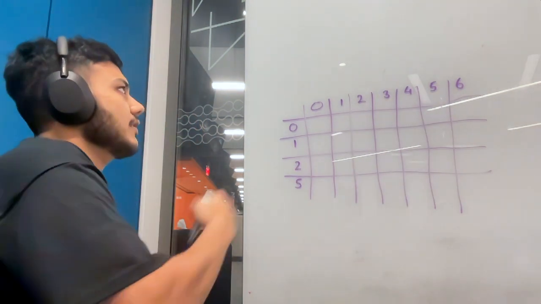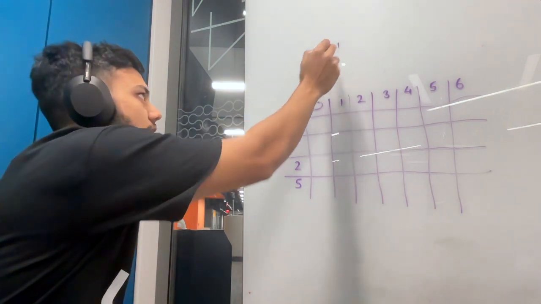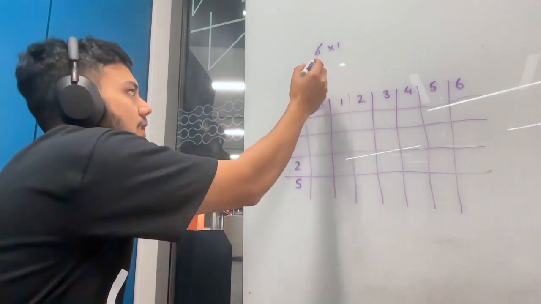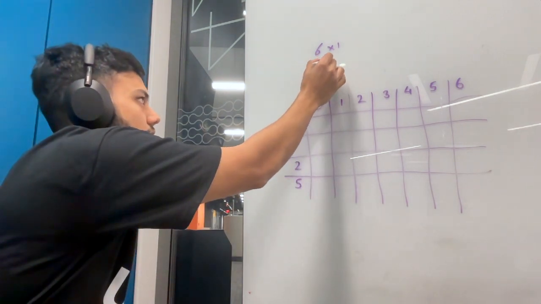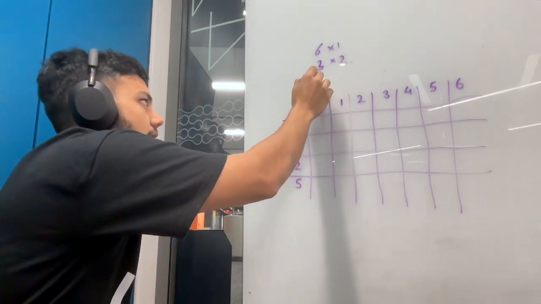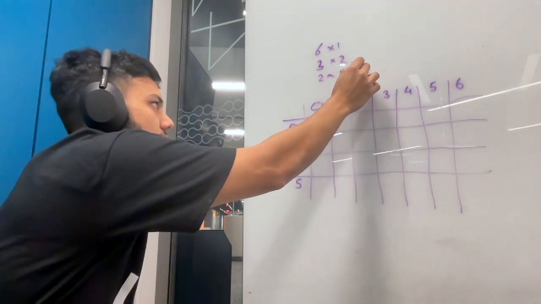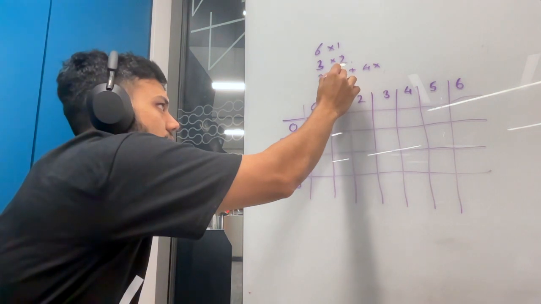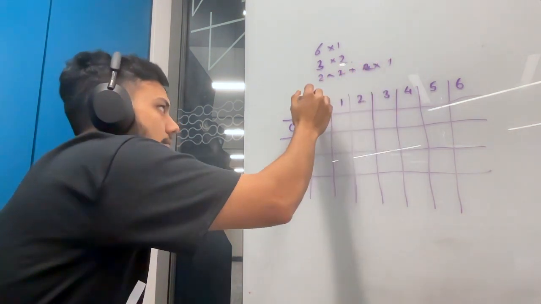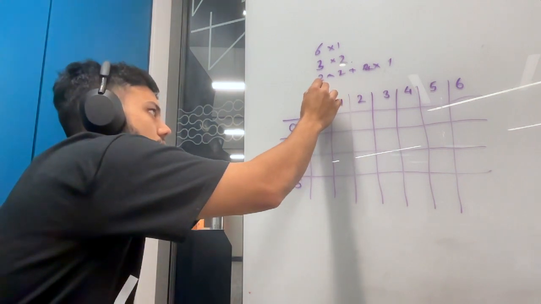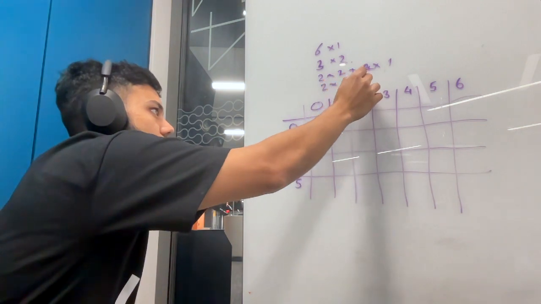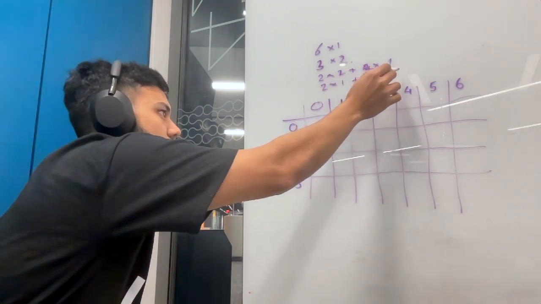Okay, so it can be 6 times 1. Can you guys see? Yeah, it can be 6 times 1. Then we have 2 as well, so it can be 3 times 2, or it can be 2 times 1 plus 2 times 2, and so on.